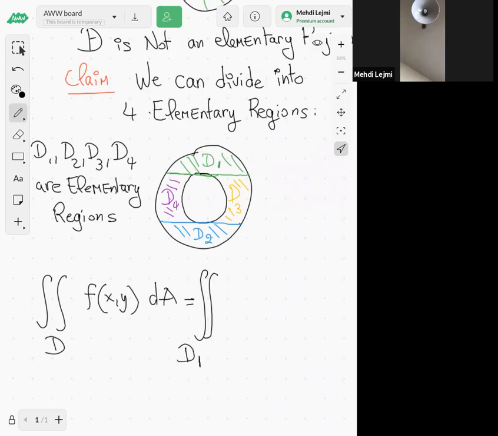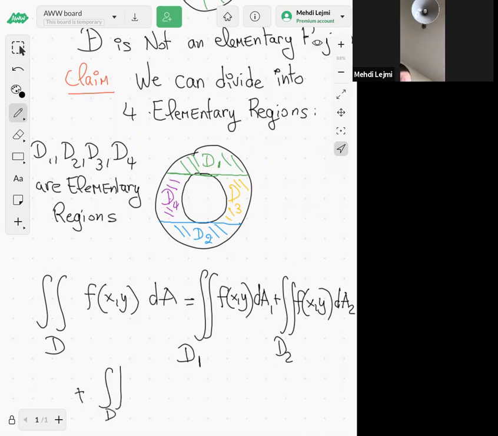First over D1, plus the integral of f over D2, plus the integral of f over D3, and then over D4.